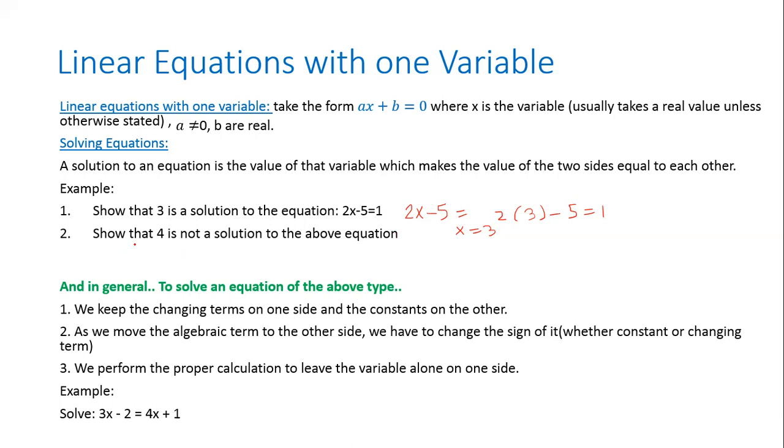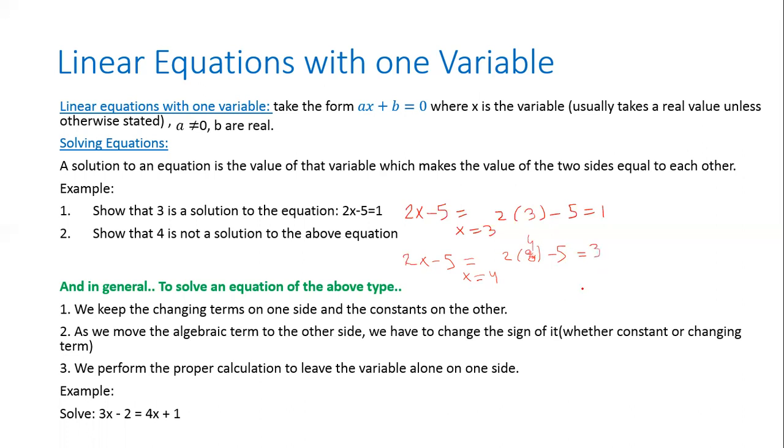Another example, show that 4 is not a solution to the above equation. Similarly, we take the left side, 2x minus 5. When x equals 4, I get 2 multiplied by 4 minus 5.